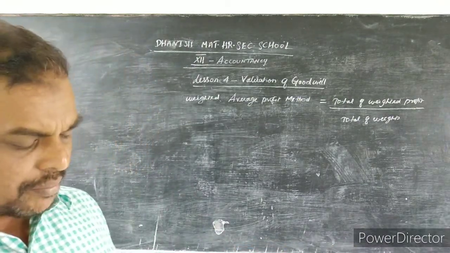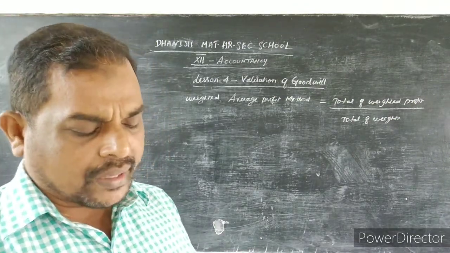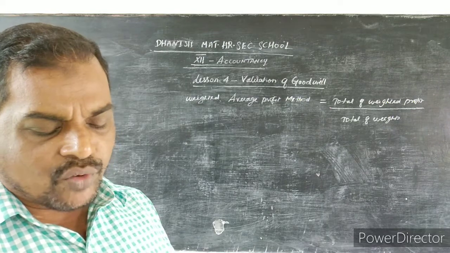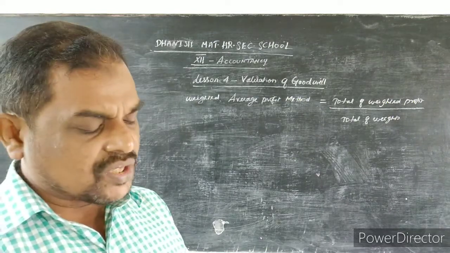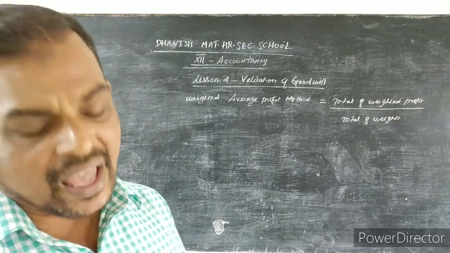Illustration 6, page number 126. For the purpose of admitting a new partner, the firm has to decide the value of goodwill for 3 years purchase of average profit for the last 4 years, weighted average method.